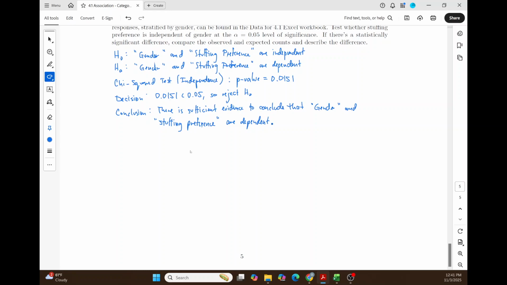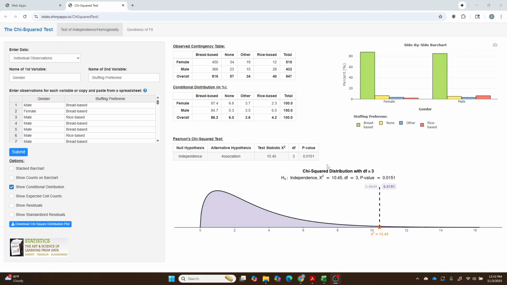Okay, here are my solutions. So the null and alternative hypotheses, obviously: gender and stuffing preference are independent versus gender and stuffing preference are dependent. When you run the data through Art of Stat, you get a p-value of 0.0151.